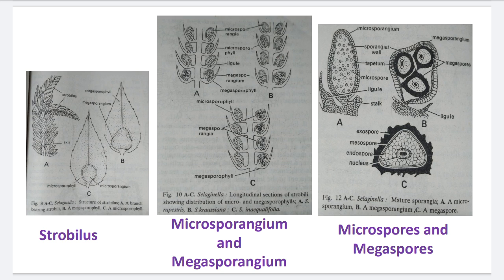So you see in the diagram, the B diagram has a single microsporophyll, and at the base of the microsporophyll there is the microsporangium, which produces many spores. And in C diagram there is a single megasporangium. At the base of the megasporangium there is a small stalked megaspore.